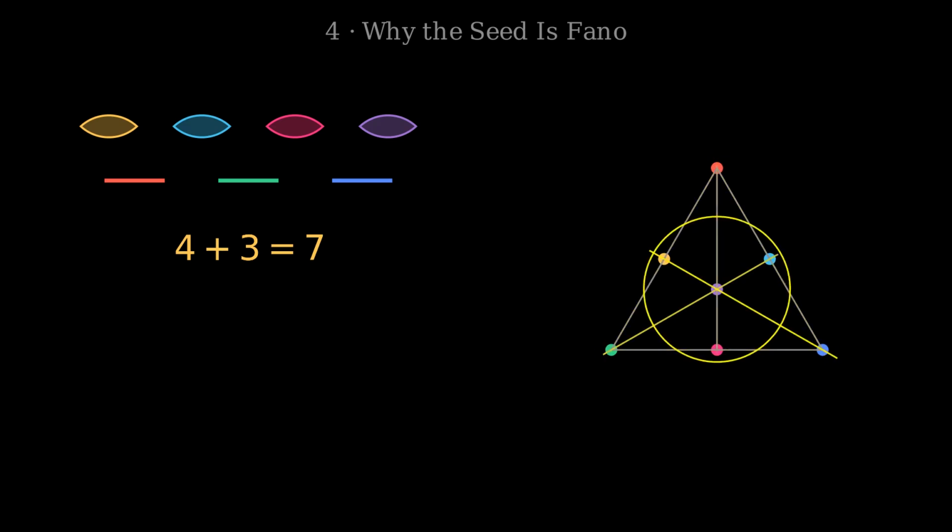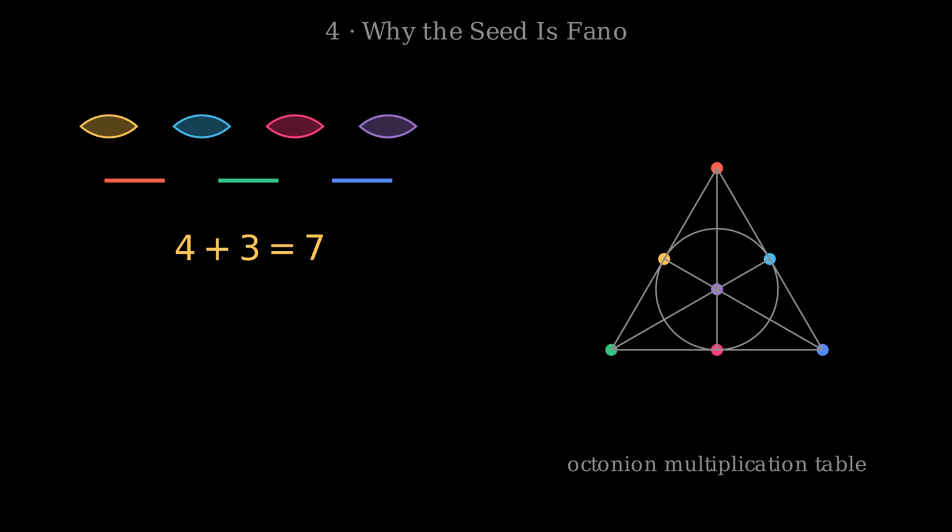The Fano plane has 7 points and 7 lines, with 3 points on every line and 3 lines through every point. It also encodes the multiplication pattern of the 7 imaginary units of the octonions. In the Fano Seed, the analogy is not that each sheet literally equals a point of the classical Fano plane.